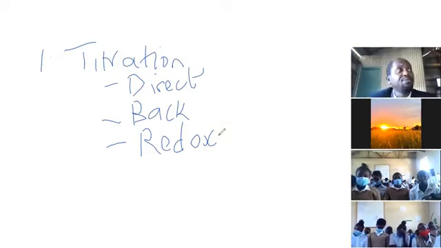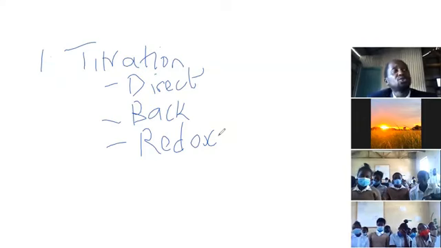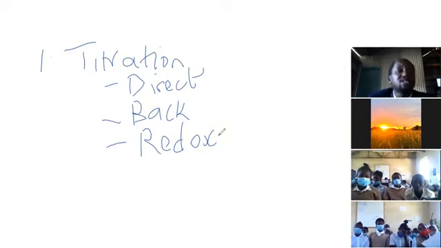Some of it remains unreacted. Then the mixture, which now has the unreacted substance or solution A, is titrated with a third solution to determine the moles that have remained after the first reaction.